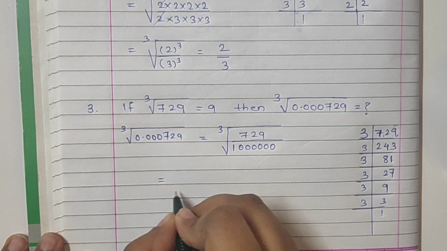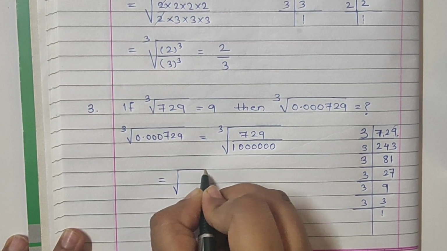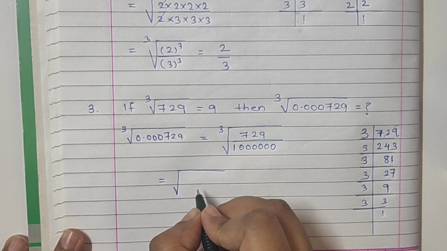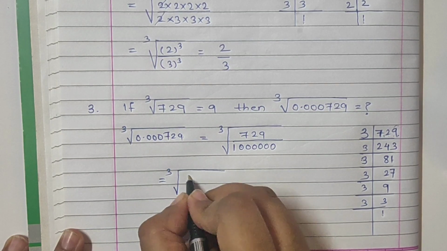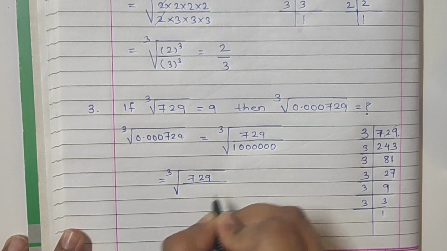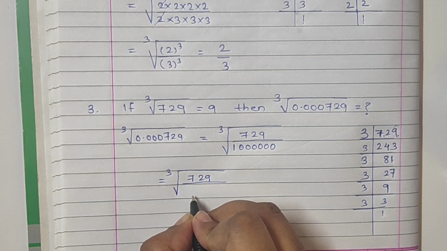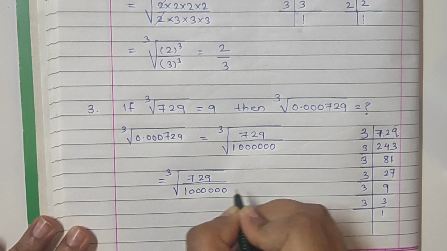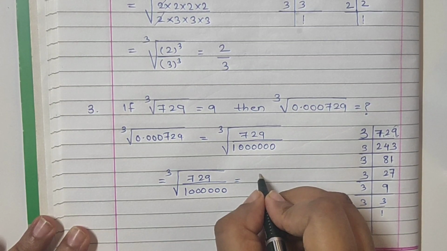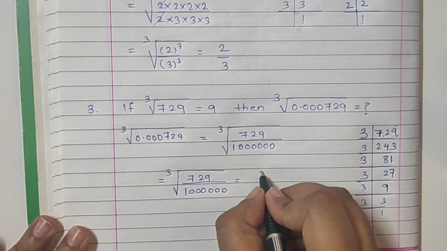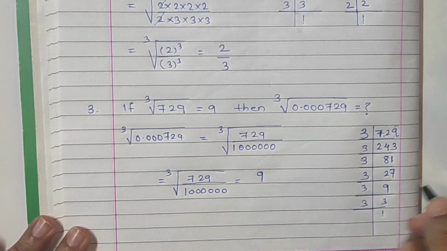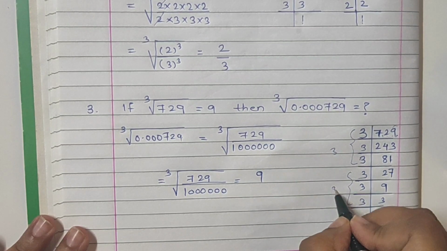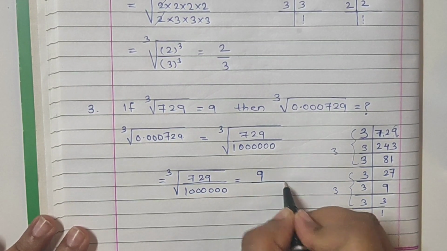Now we will write, as 729 is the cube of 9. Why 9? We will make pairs of 3. So 3 into 3, 3 3s are 9, upon.